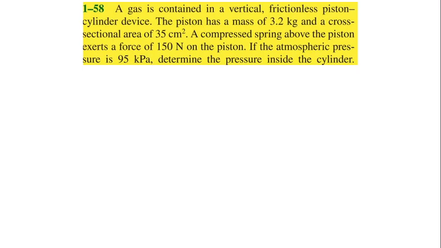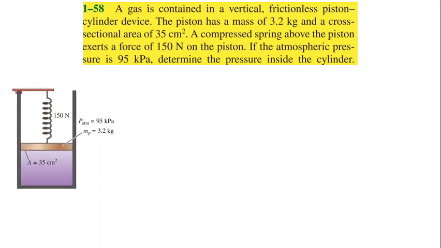So back to our original question here. Then we have our model with all the parameters given. We want to know the pressure of the gas inside the piston cylinder device.